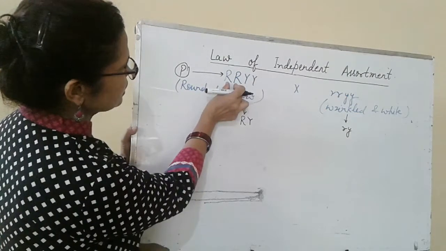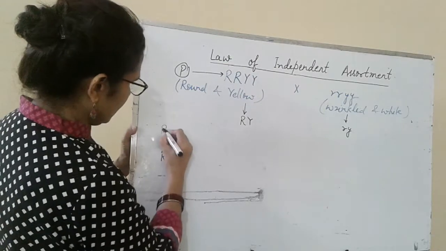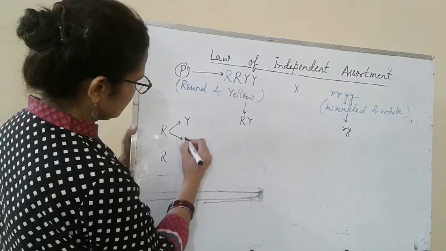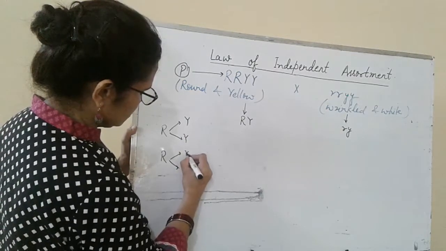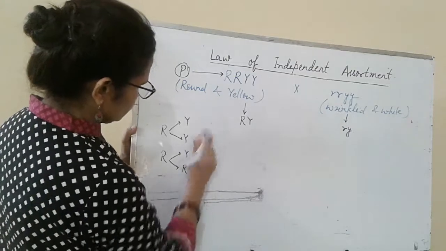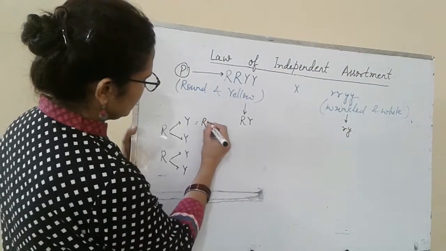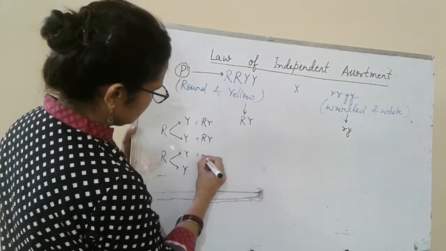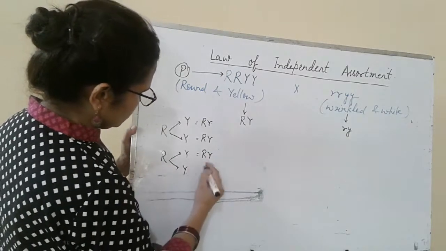We segregate these two alleles R and fuse these alleles with YY type of allele for gamete formation. Here also, every time these are the gametes RY.